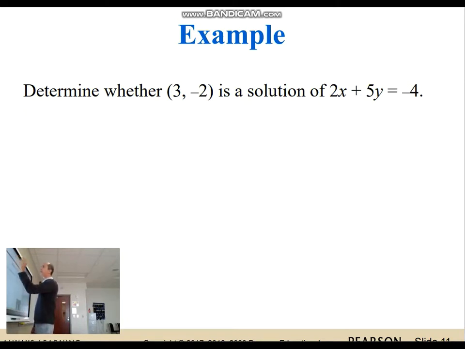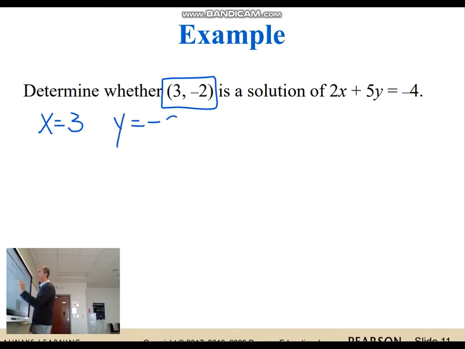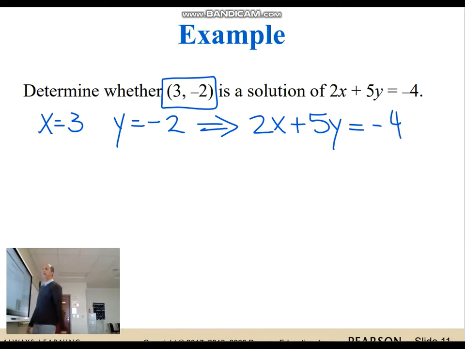What you have to do is just plug in x equals 3 and y equals -2 into the equation 2x plus 5y equals -4, and check if it produces a true statement.